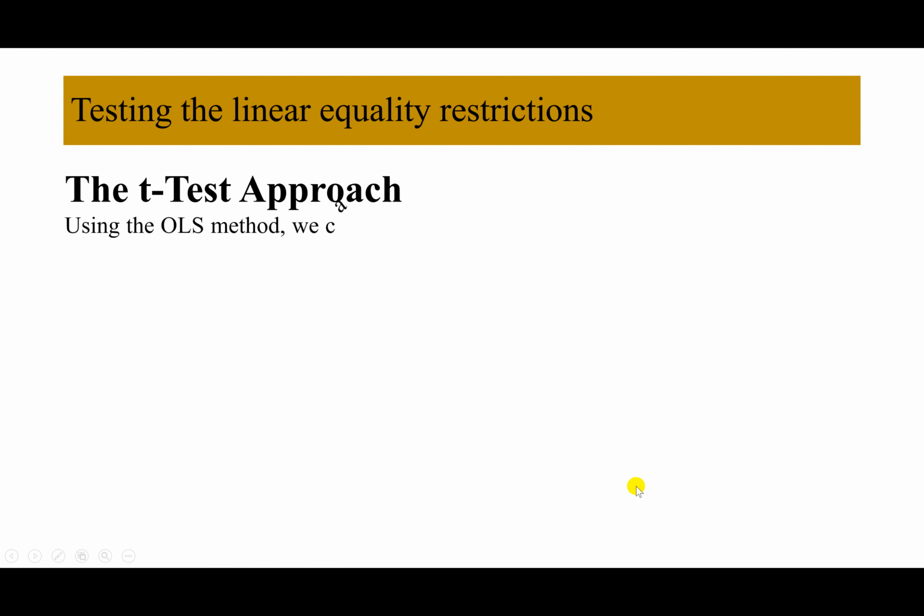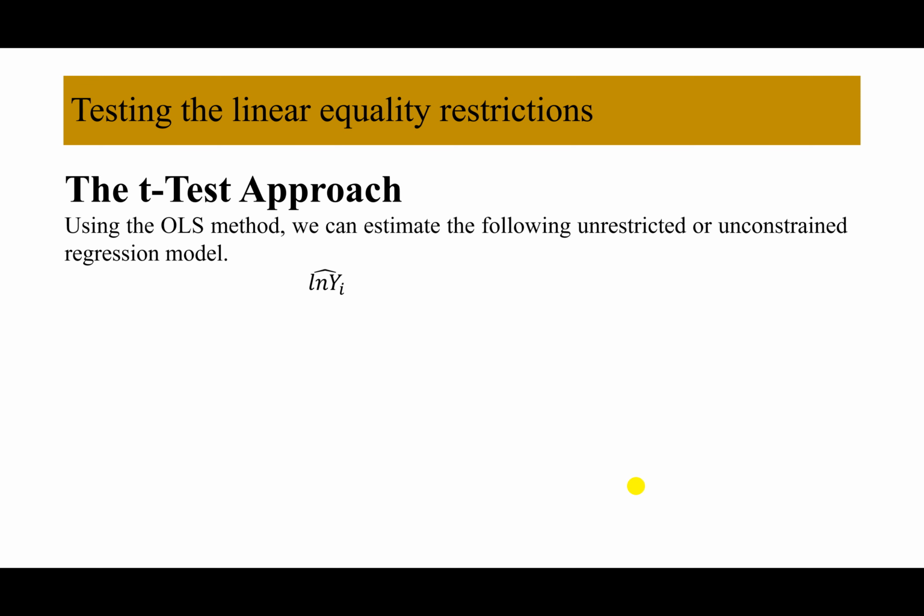The t-test approach. Let us discuss how we can use this approach to test the linear equality restriction. Using the OLS method, we can estimate the following unrestricted or unconstrained regression model. This model gives us the estimated values beta hat 0, beta hat 2 and beta hat 3.